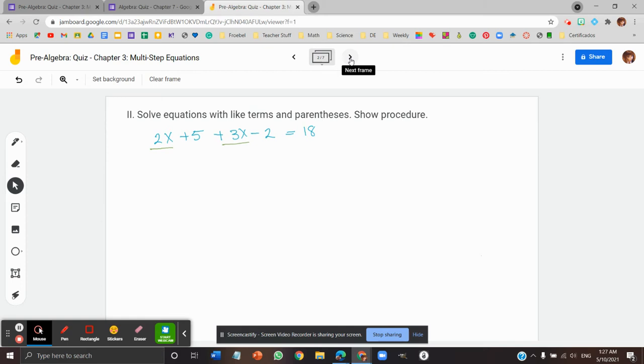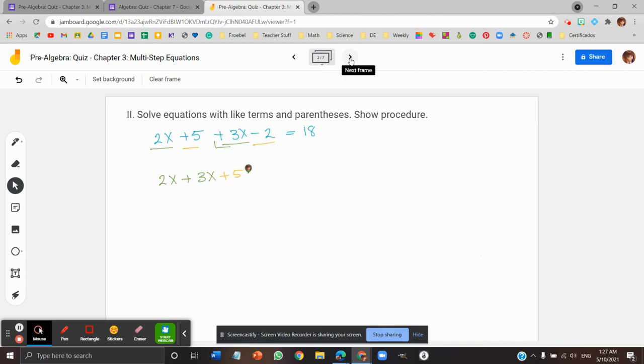And I can rewrite this equation so my like terms can be together. That is an option. So for example, I can rewrite them. Again, I take everything that is before that 3x. I also have that 5 and negative 2 are like terms because they're both constant.